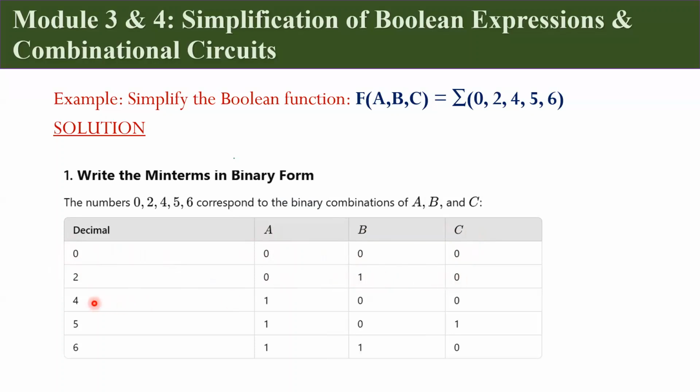Then we have 4. 4 is 1, 0, 0. Then you have 5: 1, 0, 1. And then we have 6, which is 1, 1, 0.